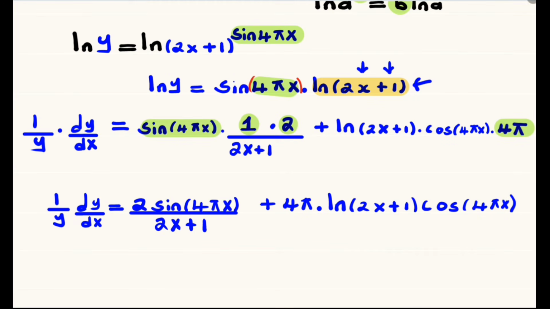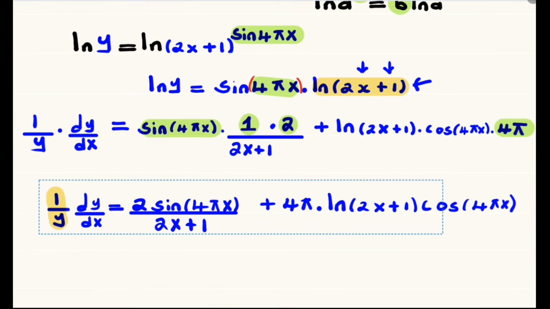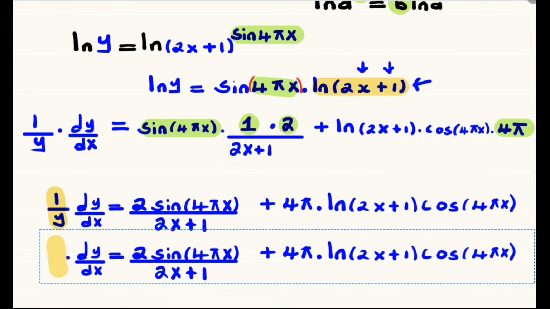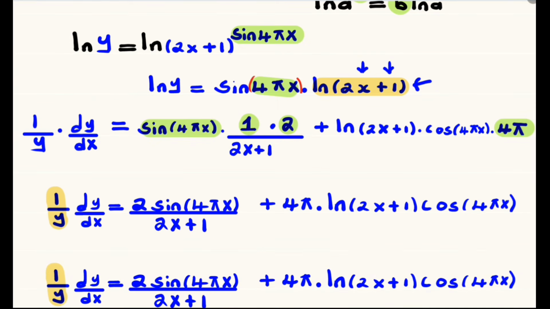We have to have dy over dx on the left hand side, so we remove the 1 over y by multiplying both sides of the equation by y.